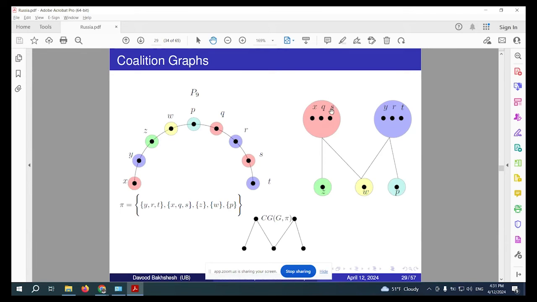XQS forms a coalition with Z and with W. We can check it easily. And also the set YRT forms a coalition with W and with P. And we can check that there is no coalition between these sets. For example, there is no coalition between XQS and YRT.